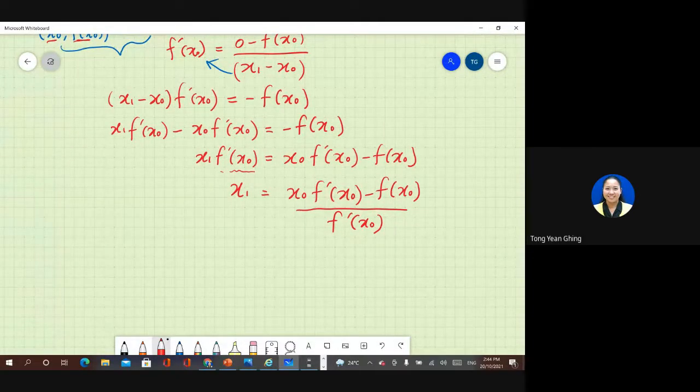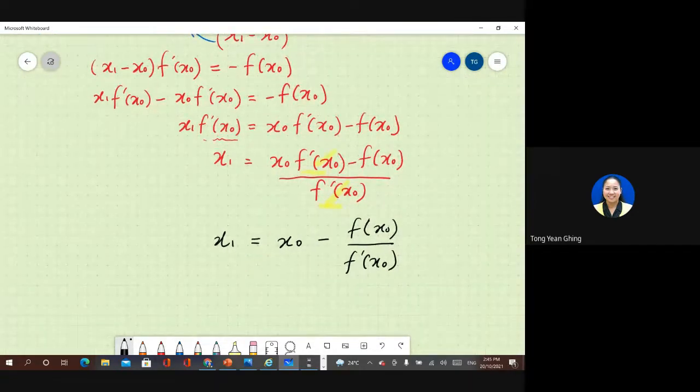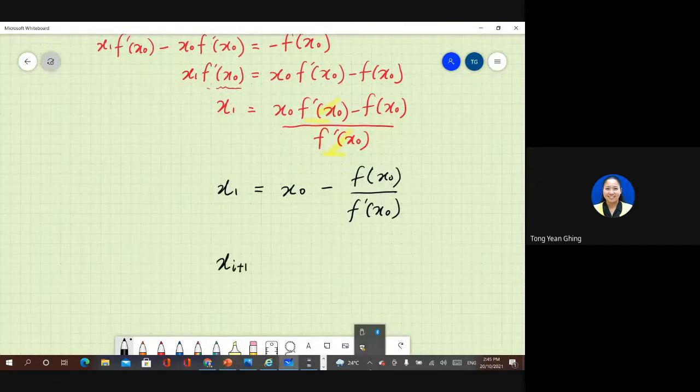This is how the formula comes about. These two terms can cancel, so to simplify it becomes x1 equals x0 minus f(x0) over f prime x0. This is the formula we use to find the next x using Newton-Raphson: x(i+1) equals xi minus f(xi) over f prime xi.